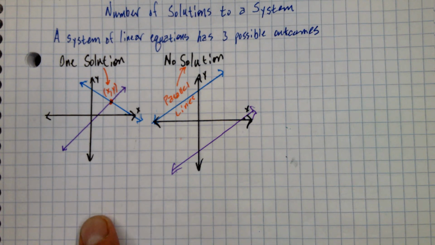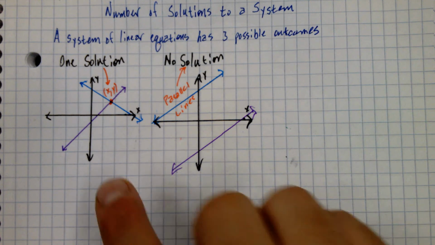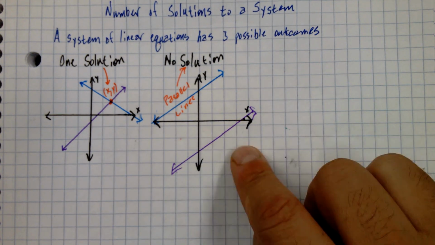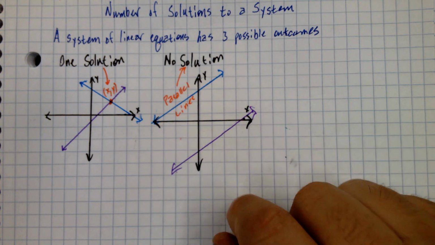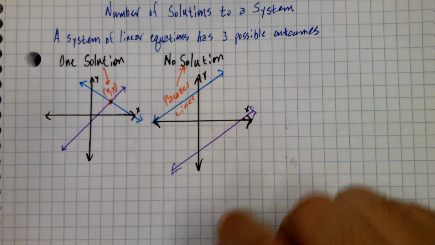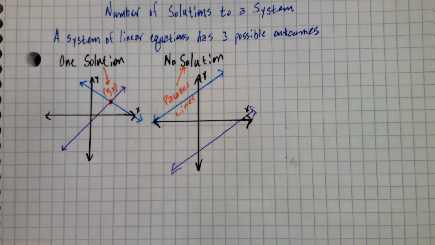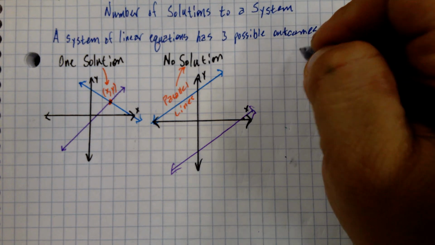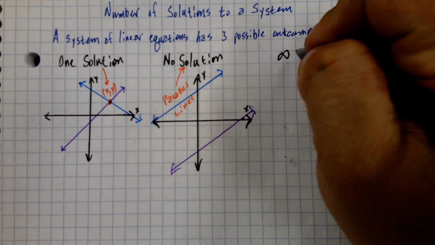So graphically, one solution is two lines cross at some point, and that's it. They only cross once. No solutions is two lines never cross, so they're parallel. And then we can have, yes, infinitely many solutions.